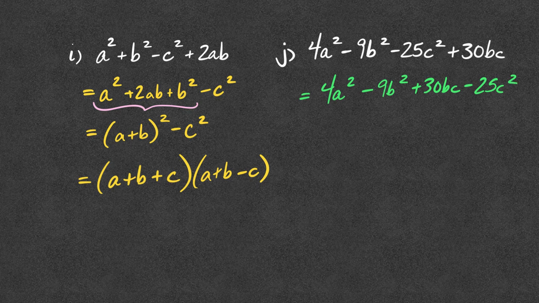So all I did, I just took my BC term and I wrote it in between, lining up my trinomial. Well, now I can go ahead and look to factor that trinomial. Except here's my problem. That's not a perfect square trinomial.